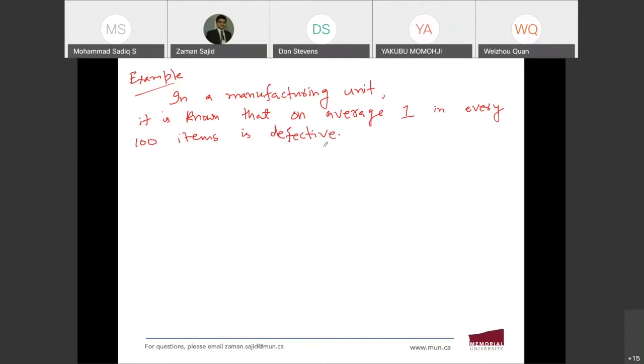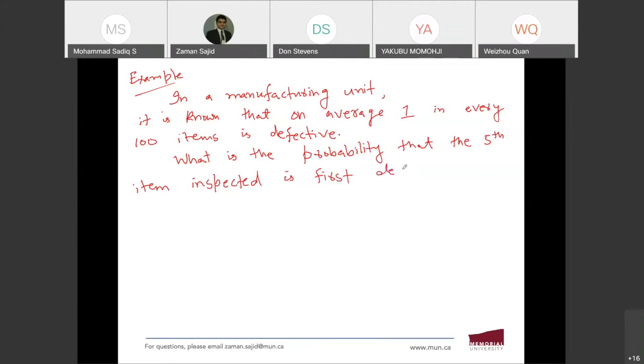Now he's asking us what is the probability that the fifth item inspected is the first defect found?